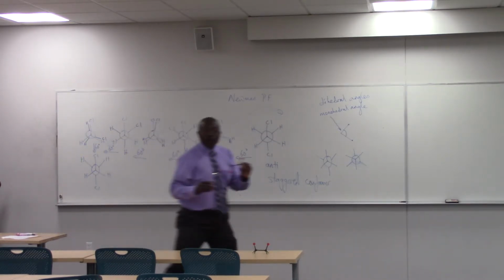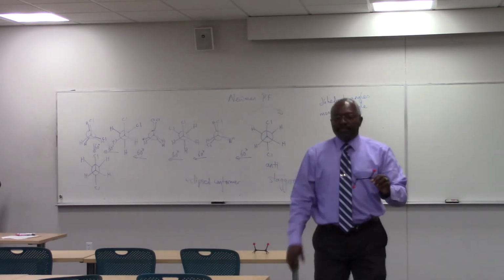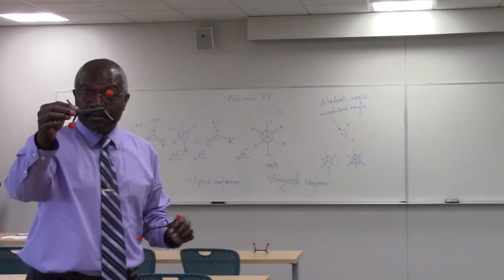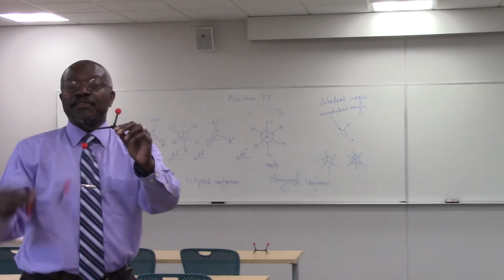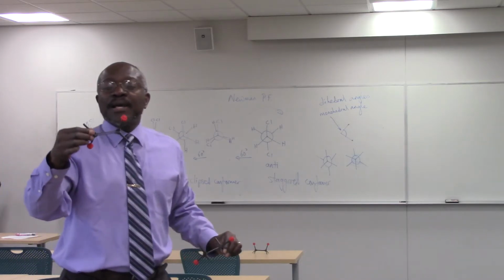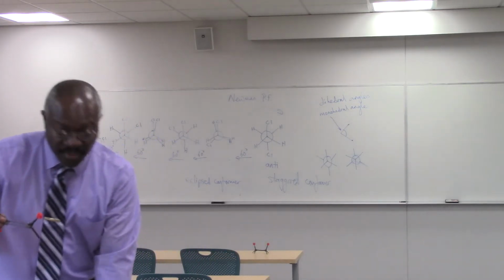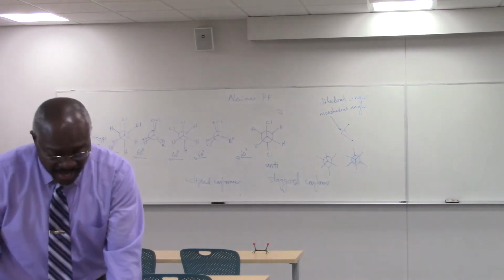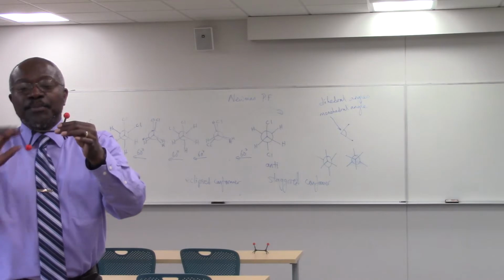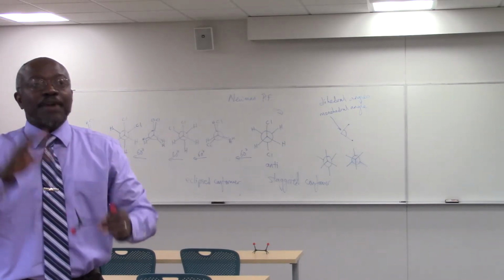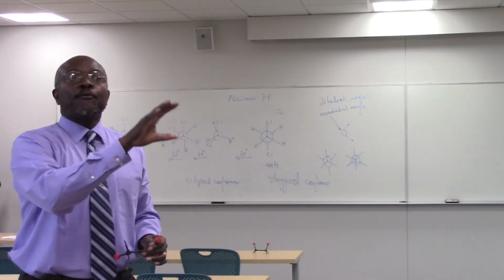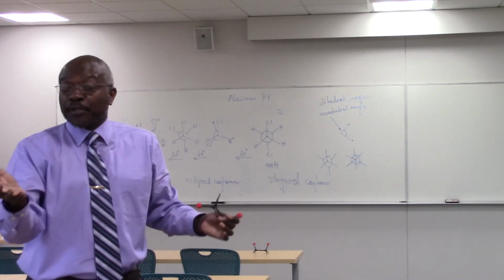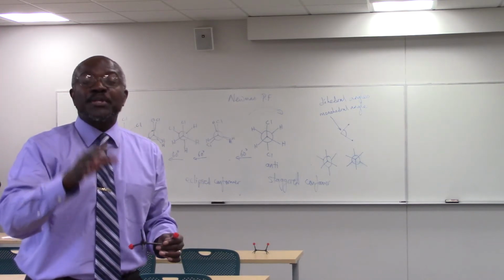Now, we can't call them trans, because unlike this species, the dihedral angle here is exactly the same as the dihedral angle here. And while I can call this trans, because it's an alkene, a compound with restricted rotation, I cannot call this trans, because I have free rotation. Trans is a label reserved for a configuration, where the three-dimensional arrangement is permanent.